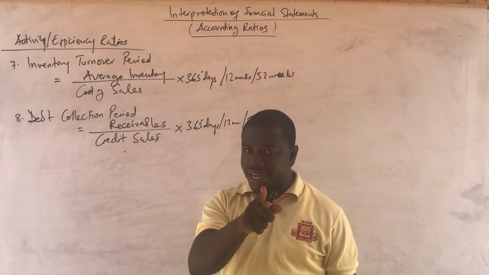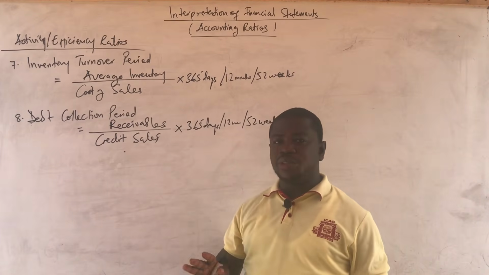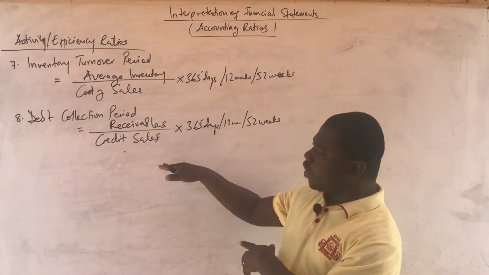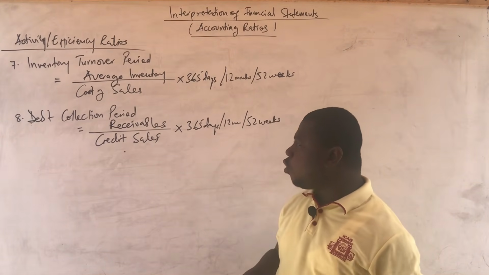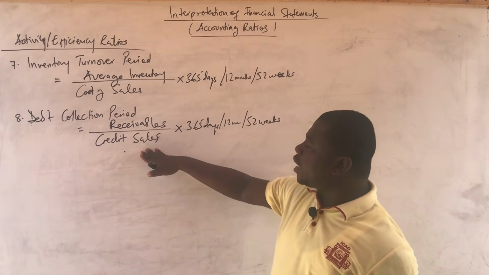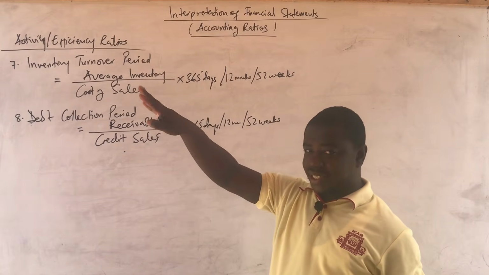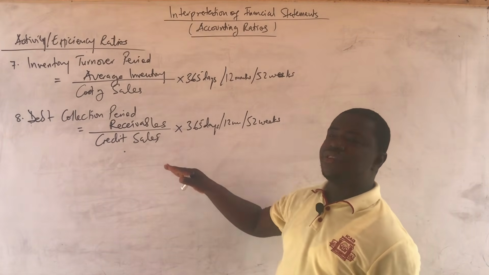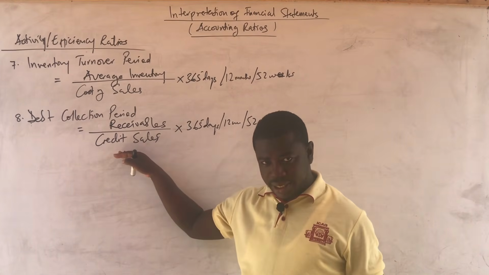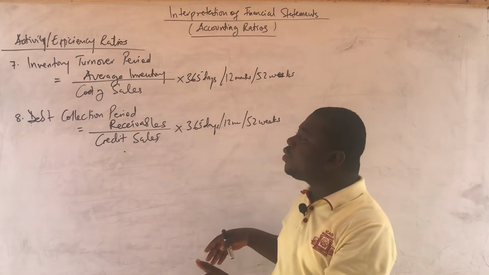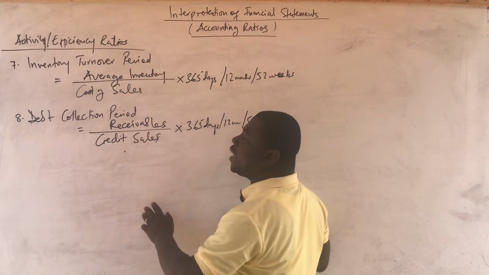And there will be no criteria for you to split them into cash and credit so that you come and use the credit to calculate. So for exam purposes, when we get to the exam hall, we are allowed to just use the total sales here. So it's going to be receivables over sales. However, when you are quoting the formula, please quote this. But you can pick the total sales and then bring it out here because it's acceptable.